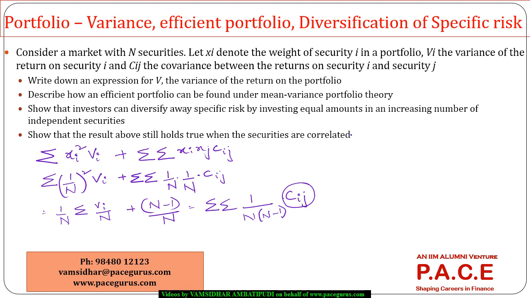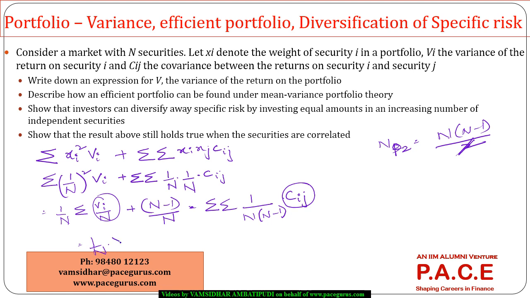So we typically find out how many Cijs there are, nC2 Cijs, which is n into n minus 1 by 2 Cijs altogether. And if I am looking at the number of permutations with order, it is n into n minus 1, nP2 Cijs.